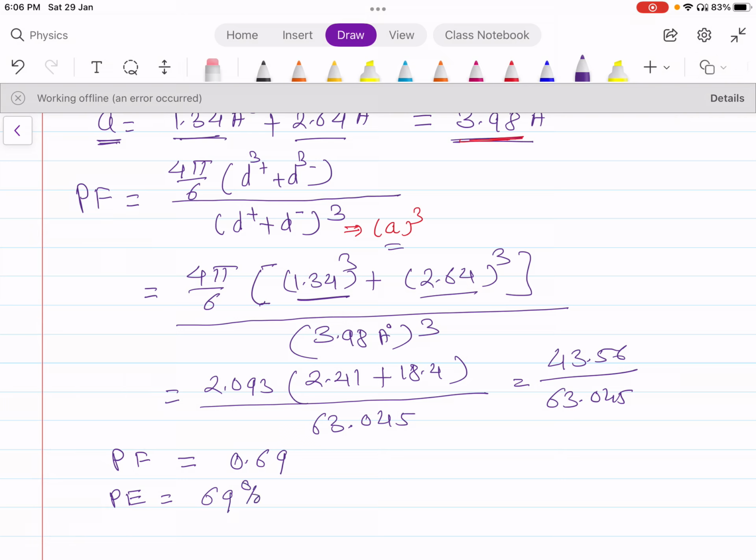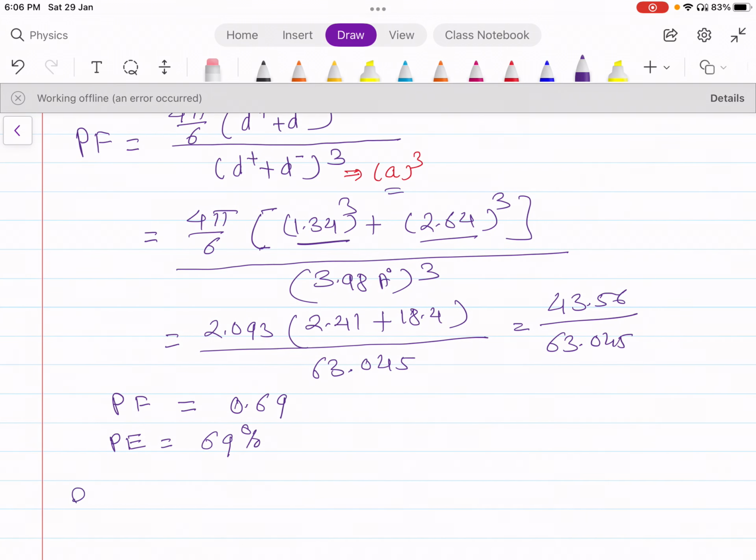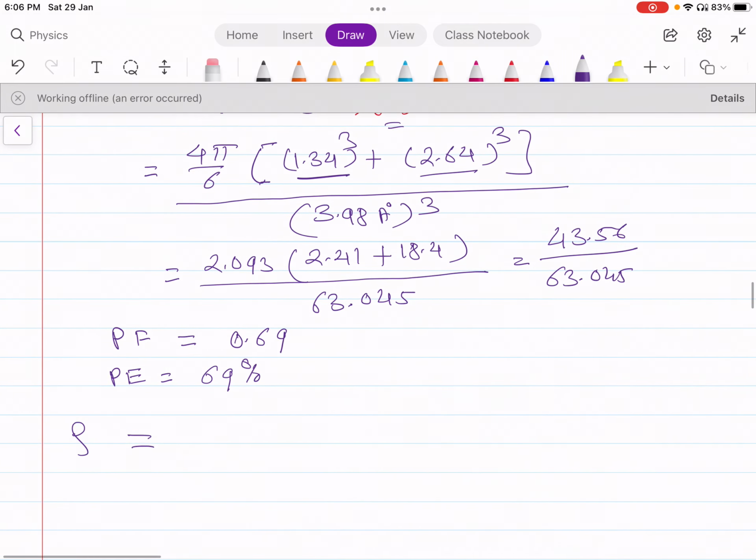So we got the packing factor and efficiency. Then we have to find density. Now in this case, in the unit cell, there are 4 manganese ions and 4 oxygen ions.